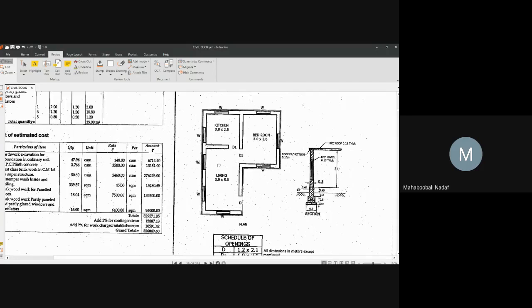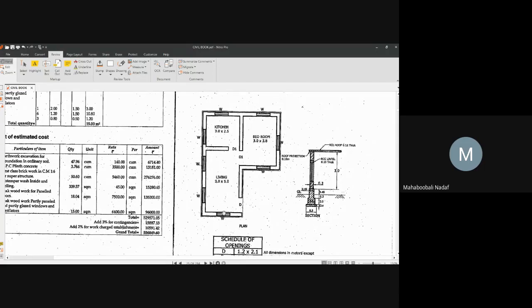So here, 0.3 by 2 plus 5 plus 0.3 plus 2.5 plus 0.3 by 2. How much is this distance?